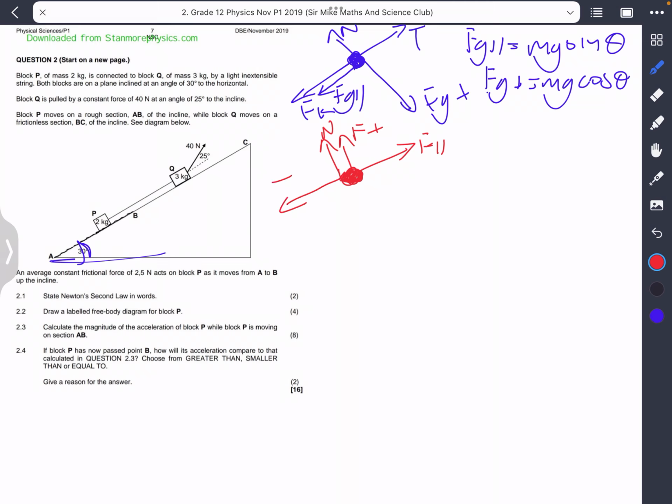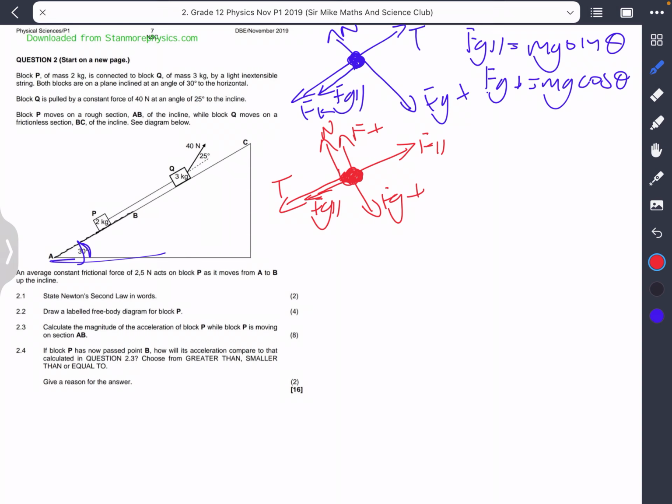But remember that we also have the force of gravity, so we would need to resolve that force of gravity. We would have Fg parallel and, of course, Fg perpendicular. So that's what we would have there.